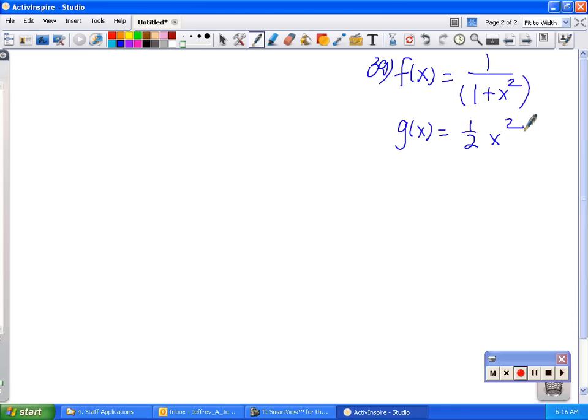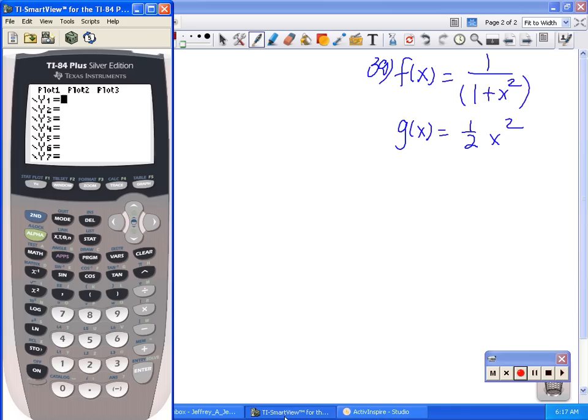All right, so let me pull my calculator up because this is a calculator problem. And so I have 1 divided by, now make sure you put the denominator in parentheses, so 1 plus x squared, close your parenthesis, and then the second one, instead of putting in 1/2, I'll put in 0.5 x squared.